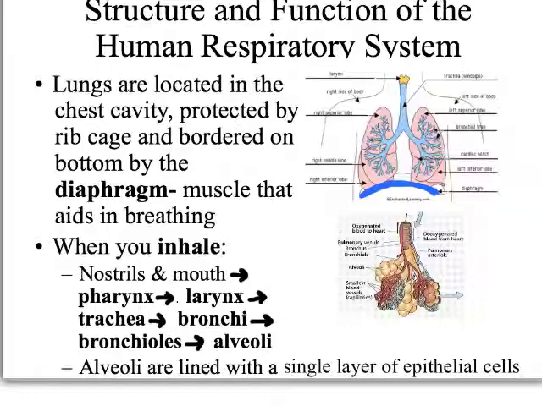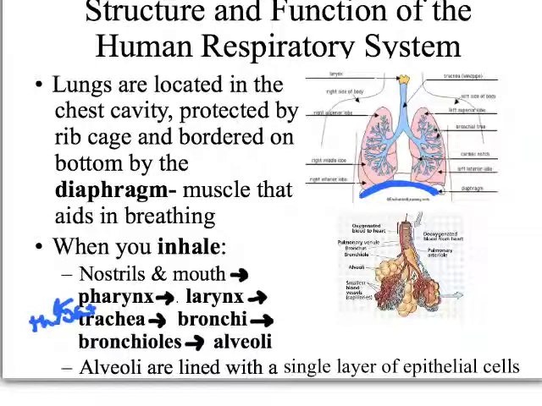So when you inhale, right, the air is going to go through your nostril or your mouth, down to your pharynx. Remember, pharynx just means throat. Okay, so that's basically the intersection of the digestive tract and the respiratory tract. Okay, so if our epiglottis is not closed, then things will go into our lungs.